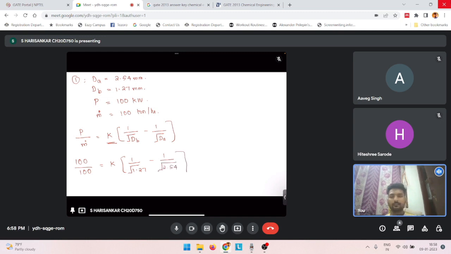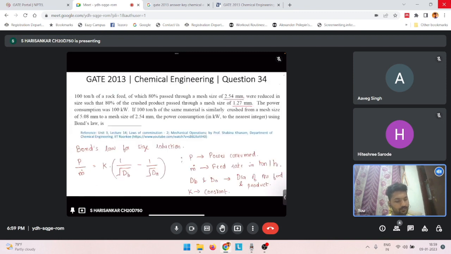Solving this equation, we get the constant K is equal to 3.8476. Now all we have to do is use this value for the constant K in the second size reduction that they have asked us to find, which is the size reduction from 5.08 mm to 2.54 mm.